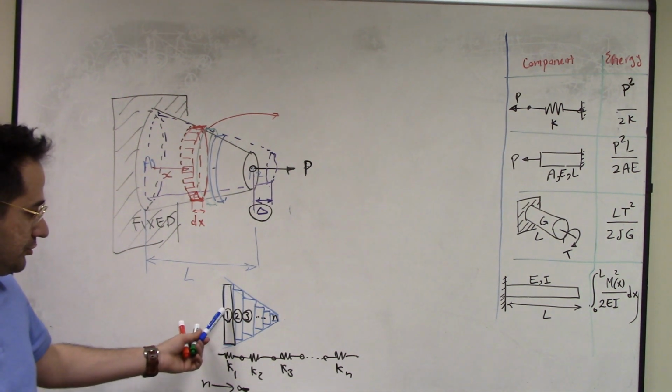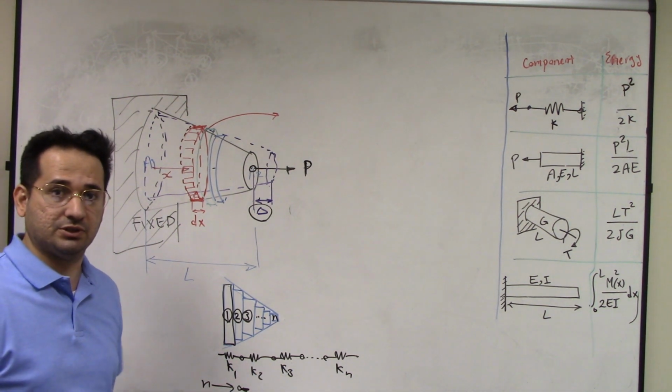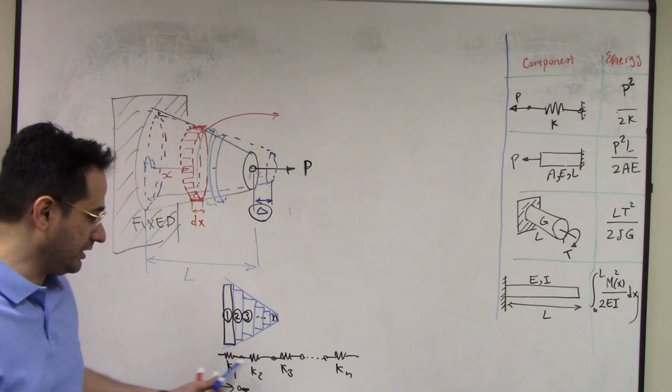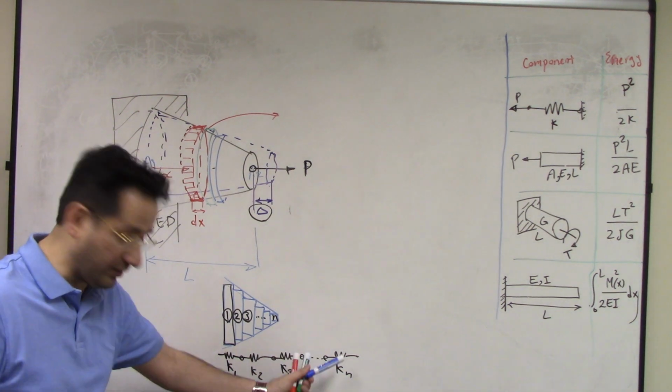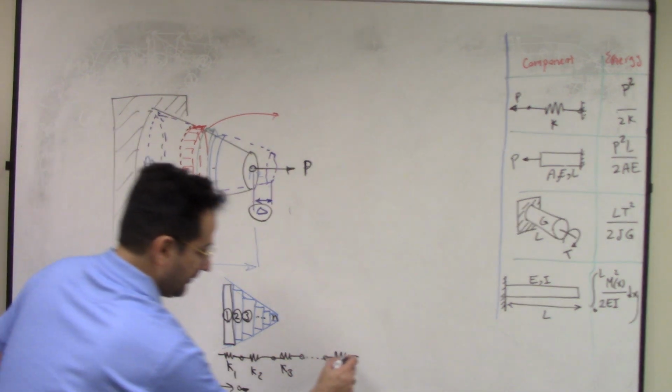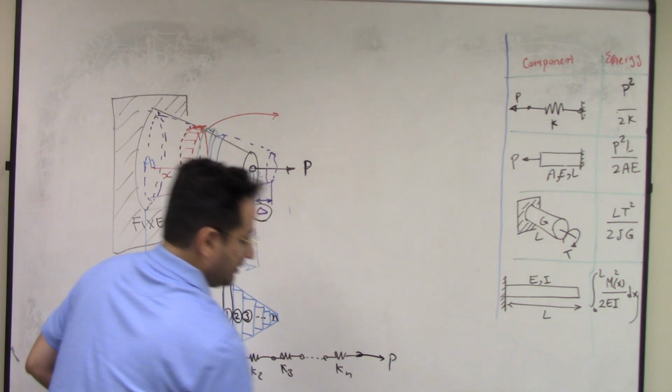So in this approach, you have n number of springs which is infinite. All the springs are connected in series. This is series connection. And you have a force P.